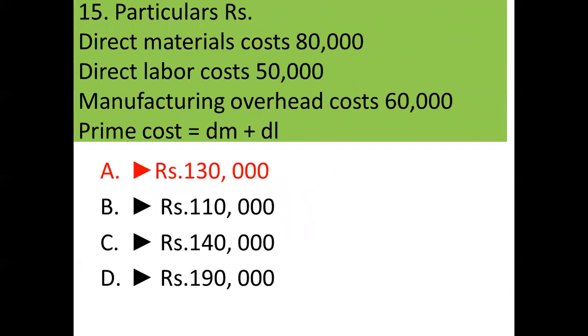A particular direct material cost is 80,000, direct labor cost is 50,000, manufacturing overhead cost is 60,000, and prime cost will be direct material plus direct labor, which is 80,000 plus 50,000, and you come back with prime cost, which is 130,000.